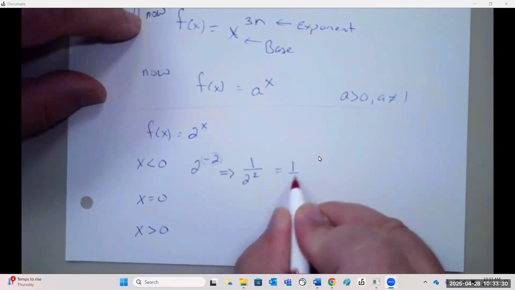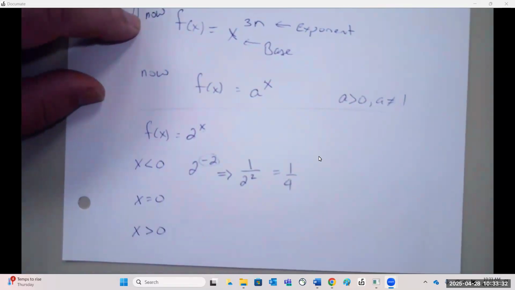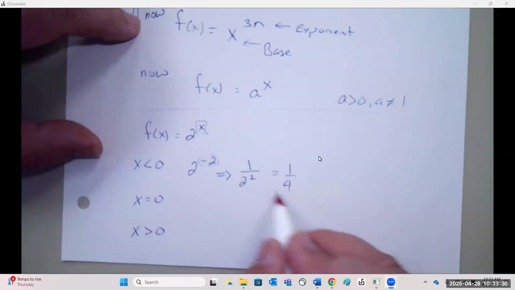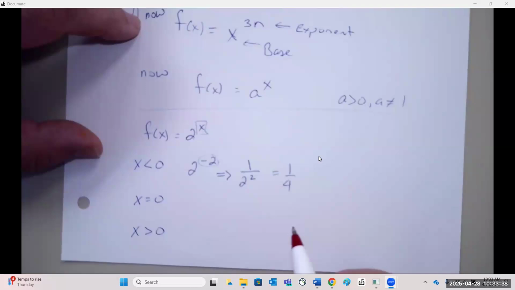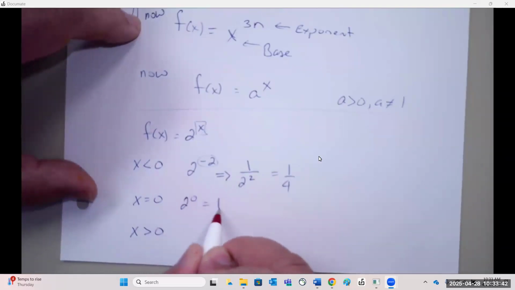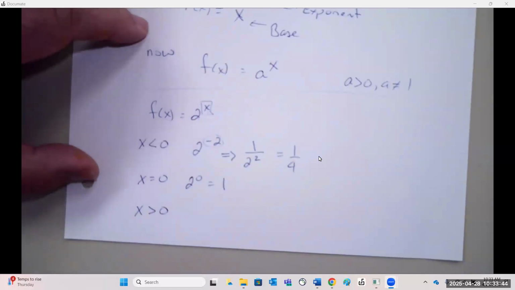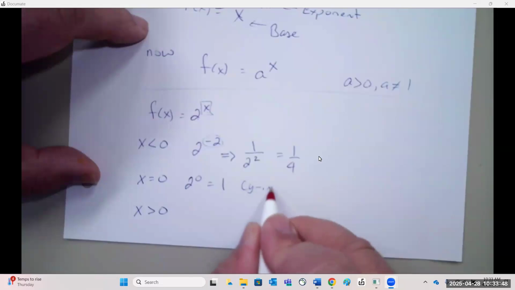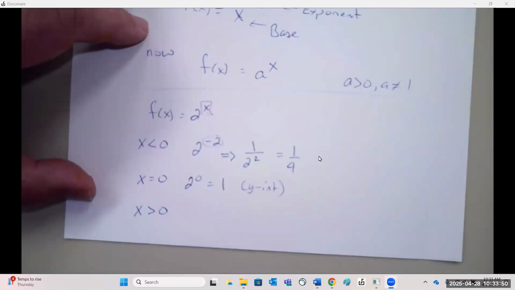So that becomes 1 over 4. If my x's are all negative, all it means is you get very, very small. If x is 0, it equals 1. So that's my y-intercept. And if x is positive, it keeps on going bigger, bigger, and bigger.